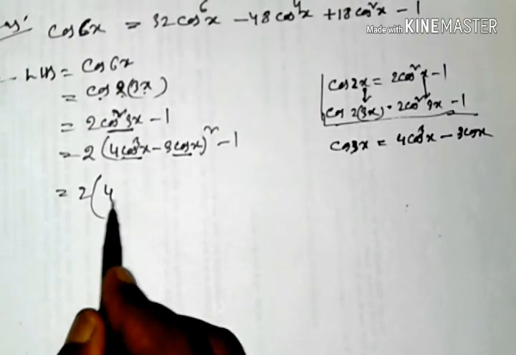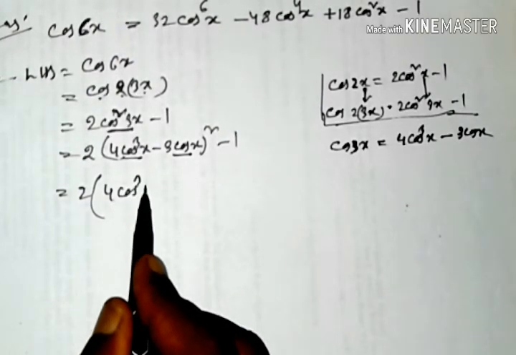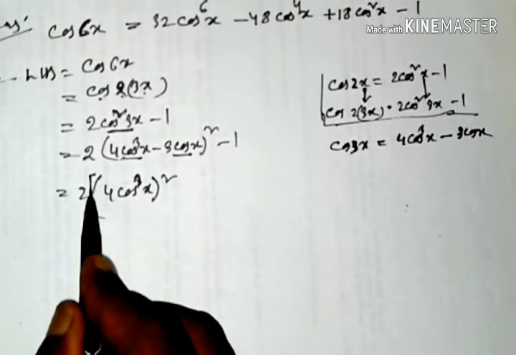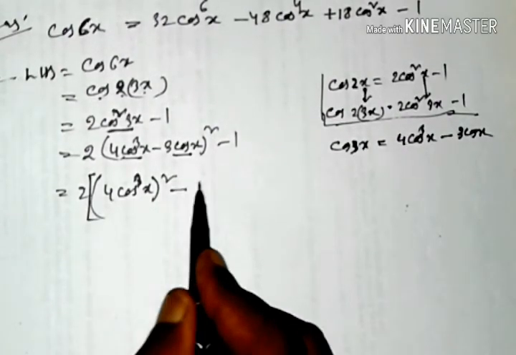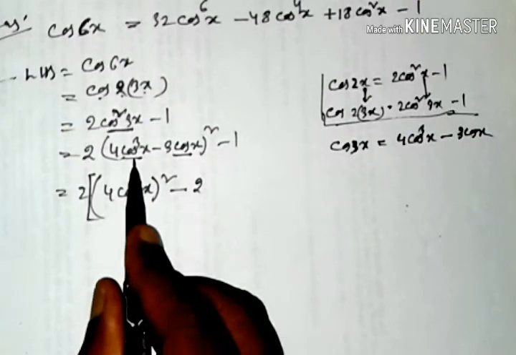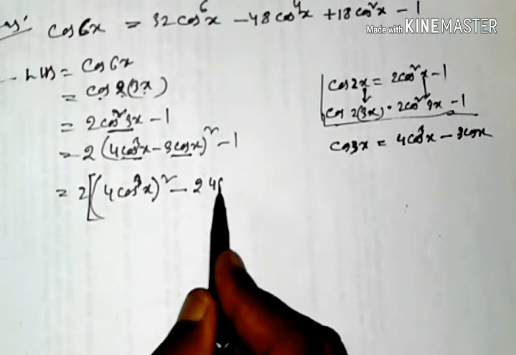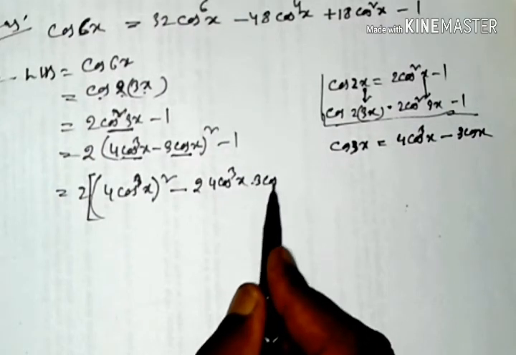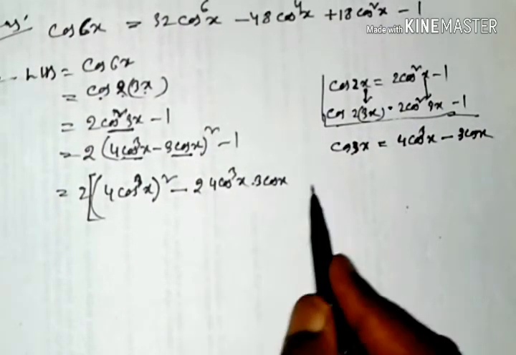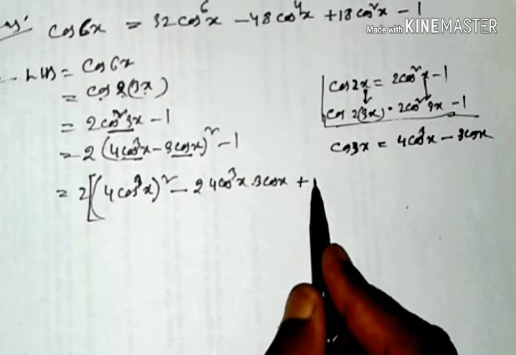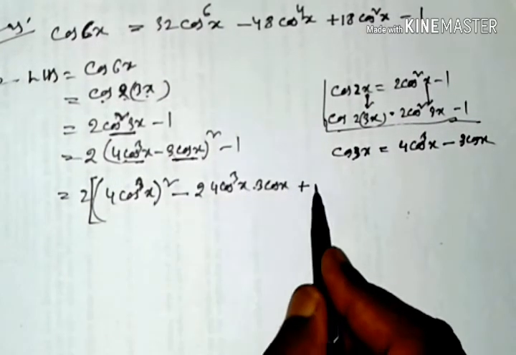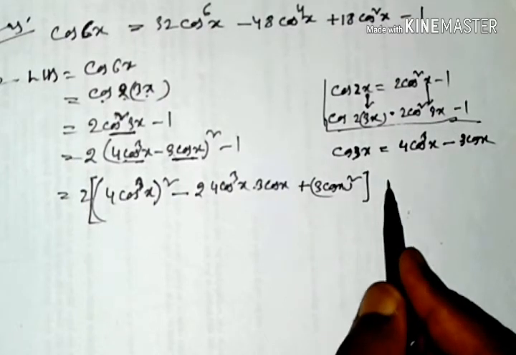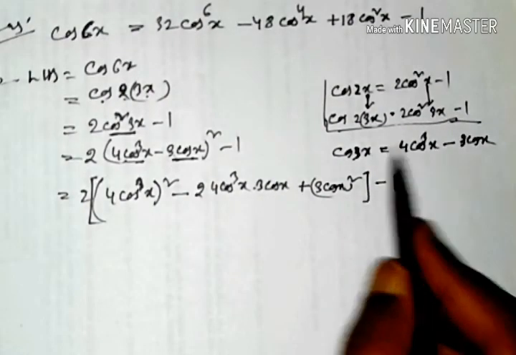This is a square, minus twice ab, 4 cos cube x times 3 cos x, plus b square, 3 cos x whole square, minus 1.